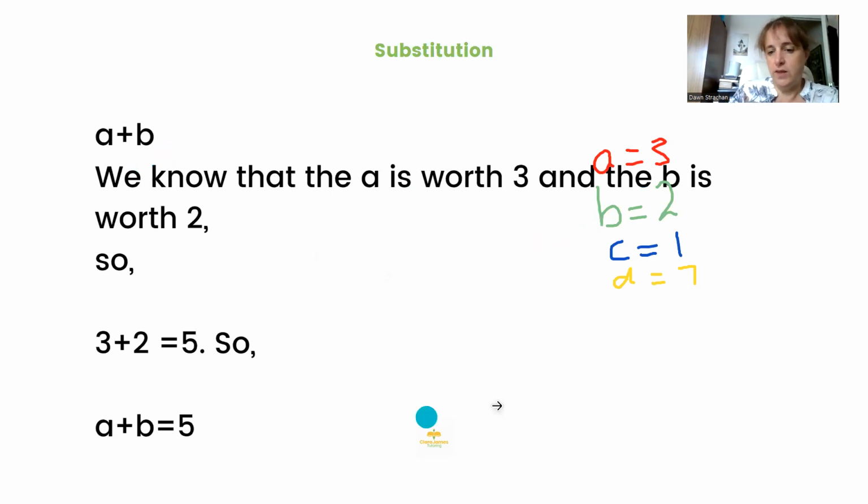So the first question we're going to look at is A plus B. We know that A is worth 3 and B is worth 2.